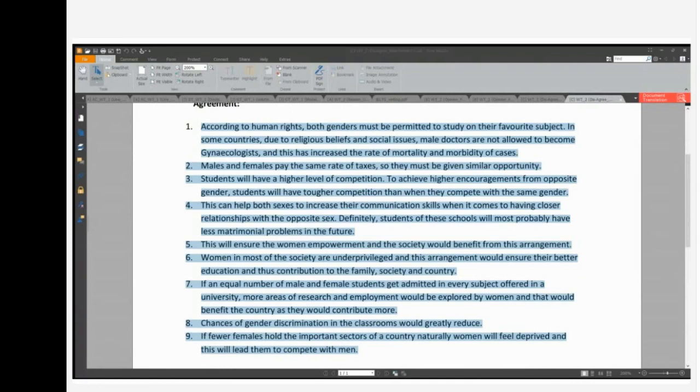Regardless whether you agree or disagree, you have to give some explanations for the answers that you have, and you should give some examples, if possible, some real life examples for your answer in the essay.